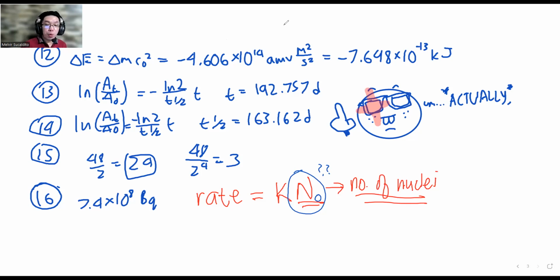N0 is the number of nuclei involved dun sa rate na nakuha mo, from the millicurie.